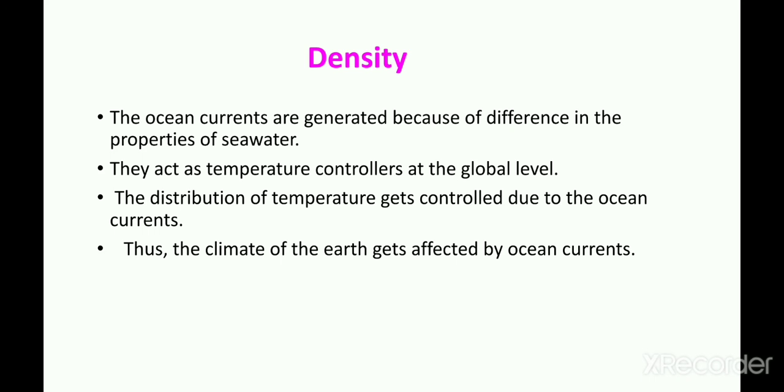The distribution of temperature gets controlled due to ocean currents, and thus the climate of the earth is also affected by ocean currents. This is the third property of seawater, density. Thank you.